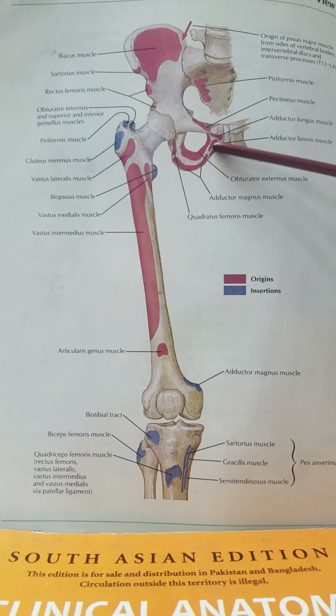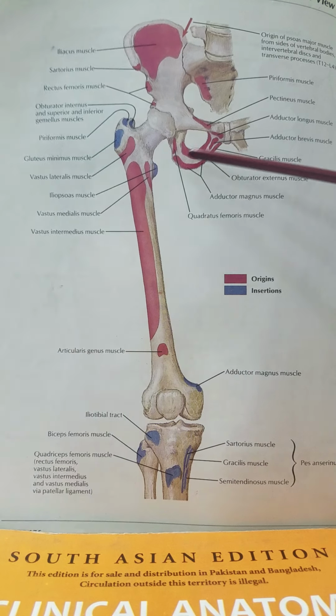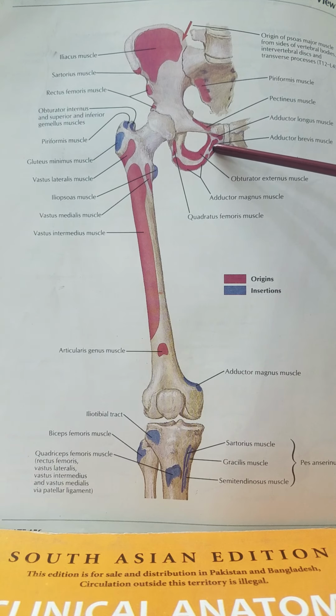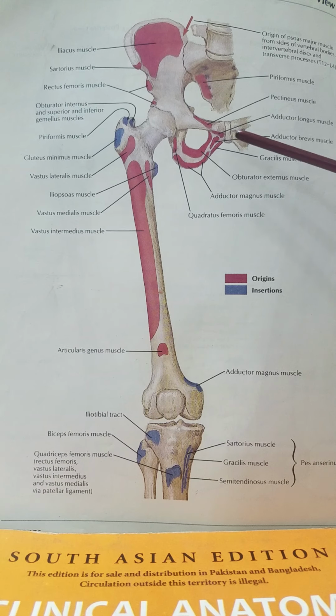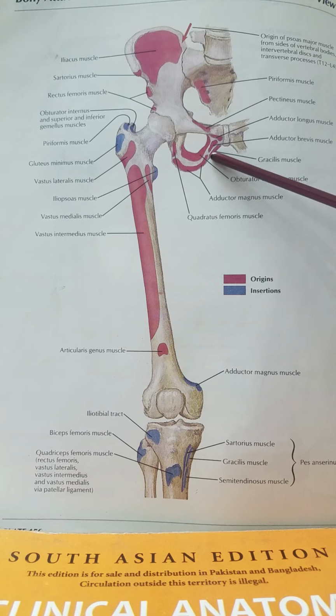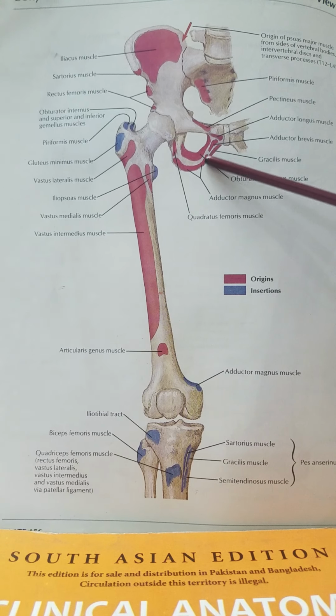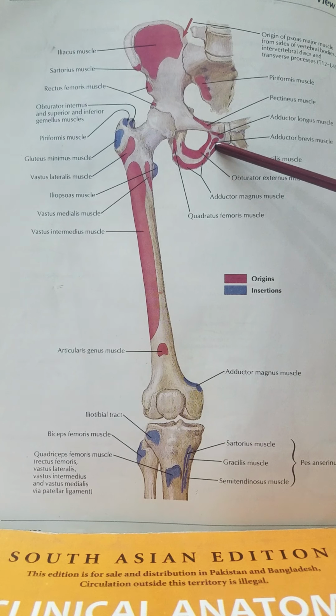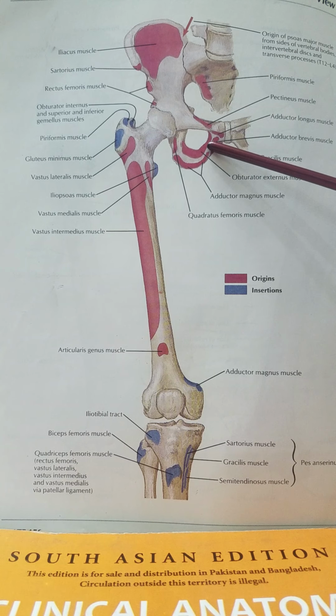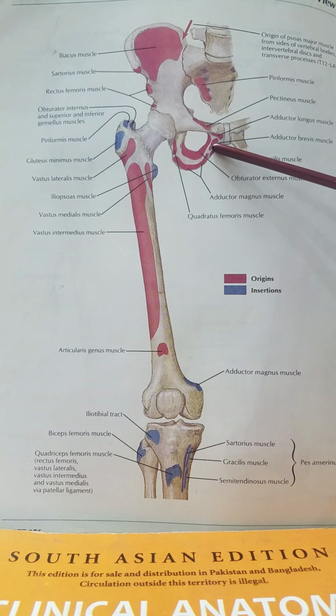Then on the conjoint, or rather the combined ischiopubic ramus, we have the gracilis muscle. So it extends from the body towards the ischiopubic ramus, the gracilis muscle, and lateral to the gracilis you have the adductor brevis.